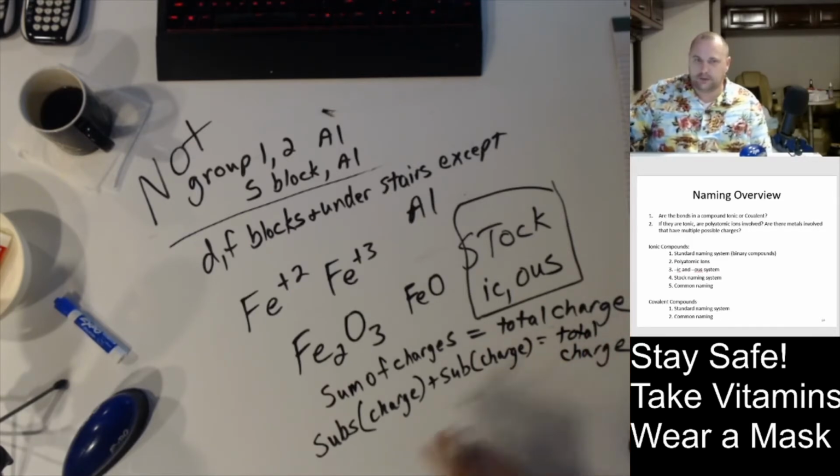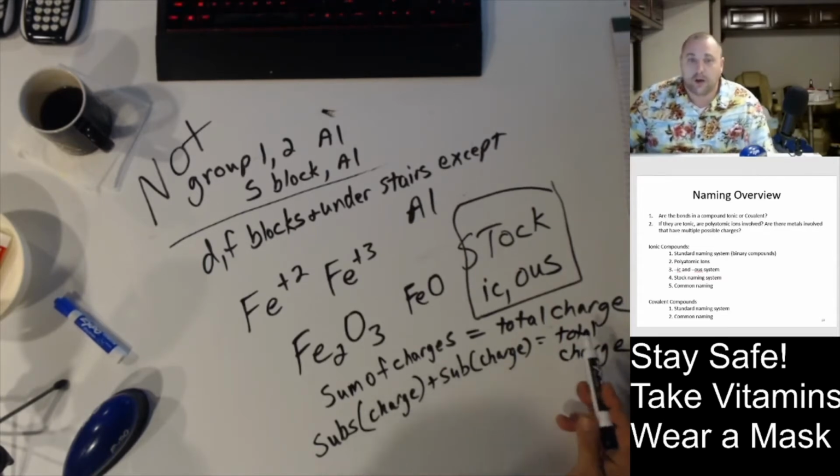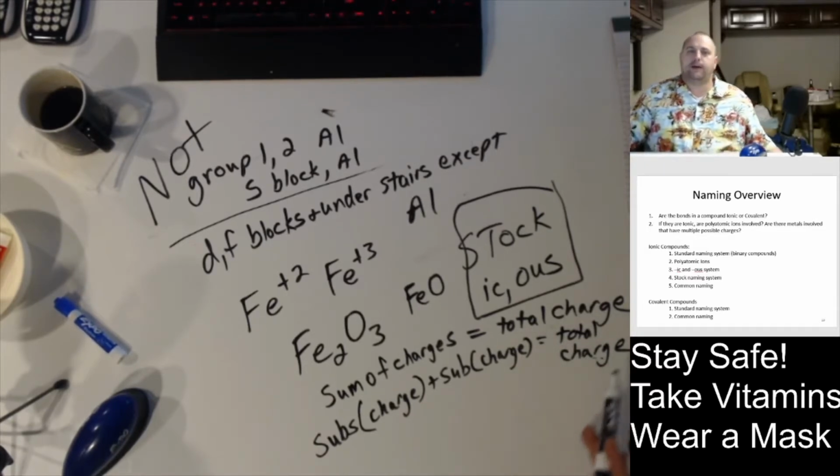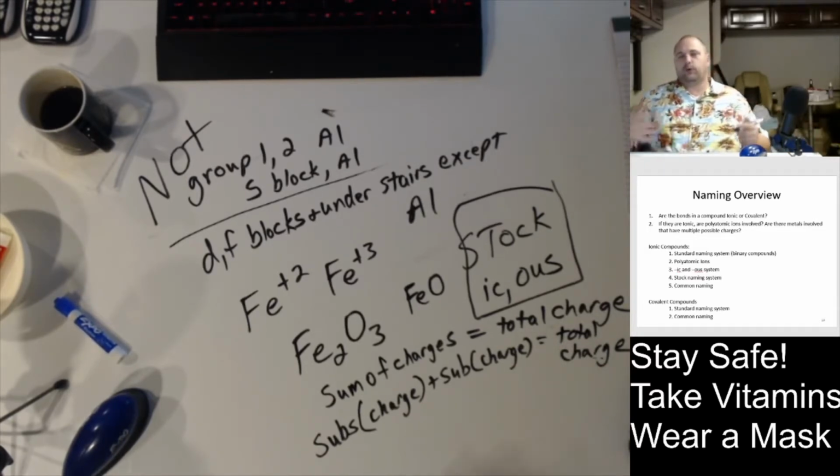Now, you'll get set up for failure here if you remember this to be 0. The total charge you have to always check. 99.9% of the time in the lab, we work with it at 0. But this is where many of those polyatomic ions get on that list, they have a total charge left.